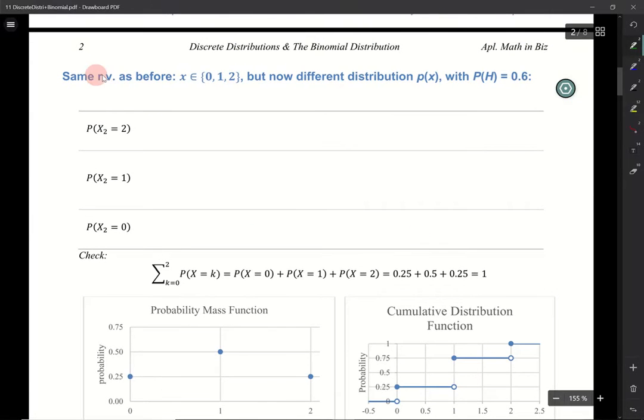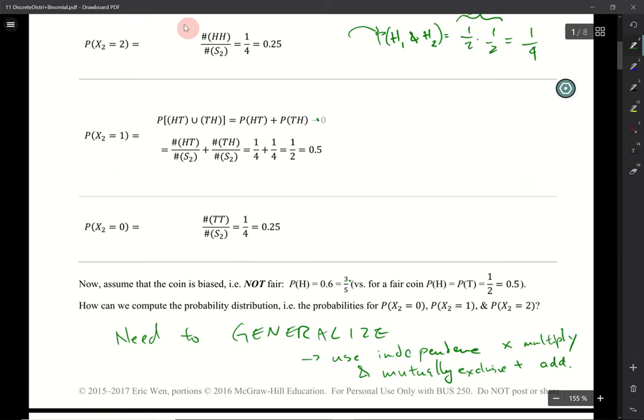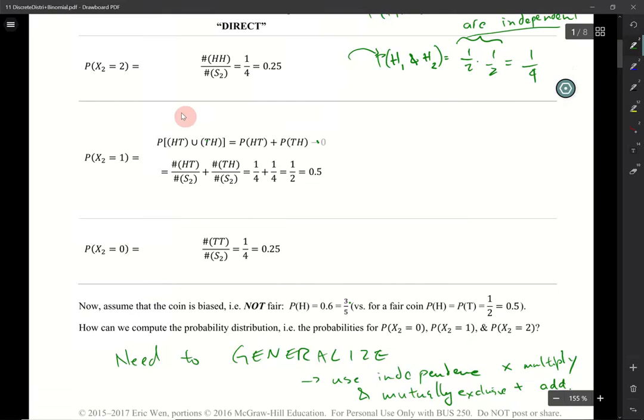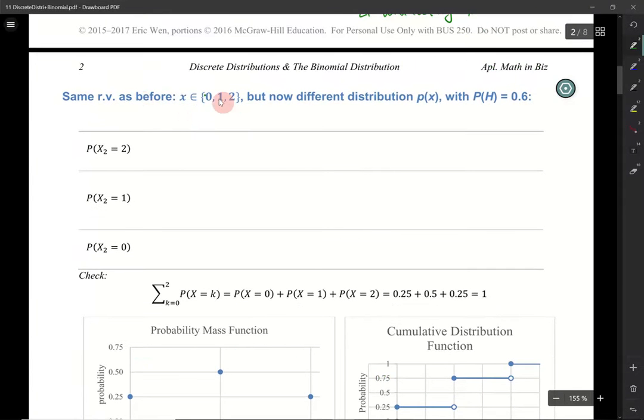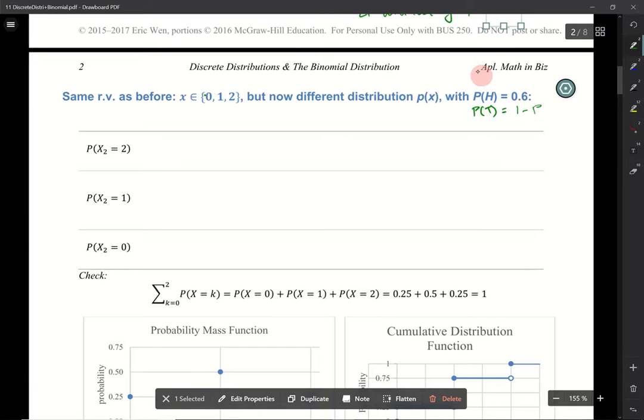Now notice that we have the same random variable as before. When we had the fair coin, we had this random variable. Now we have the same random variable because it's going to count the number of heads, but the underlying process has changed. We're saying probability of heads is 0.6. The probability of tails, since it's either or, is really 1 minus the probability of heads.